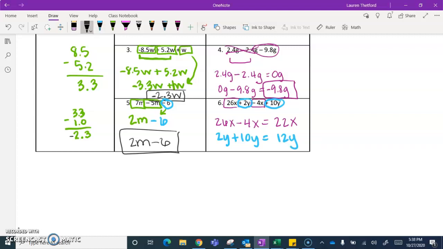Now when I rewrite this, I have 22x plus, and we know it's a plus because this is a positive 12y. This is my answer because I can't combine an x with a y. That's like trying to combine apples with oranges. They're different. So I have 22x plus 12y.